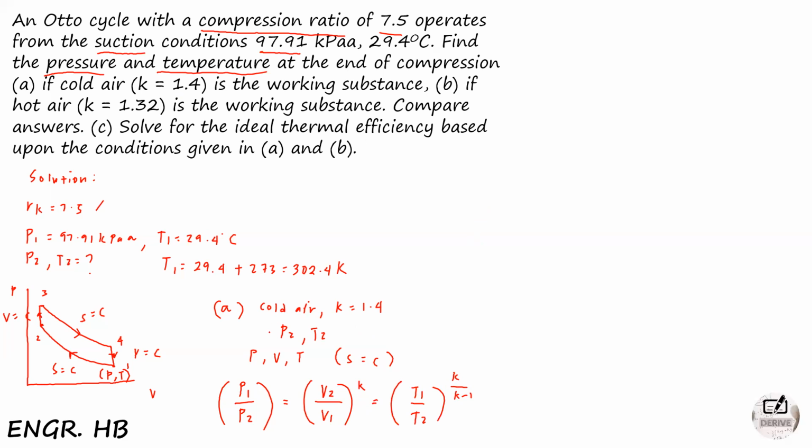Since we are looking for pressure 2 and temperature 2, and we are given pressure 1 and temperature 1, what can we start with? If we pair pressure 1 and pressure 2 with T1 over T2 raised to K over K minus 1, we have pressure 1, we have temperature 1, we have K which is 1.4, but the problem is T2 is missing. So where are we going to go?